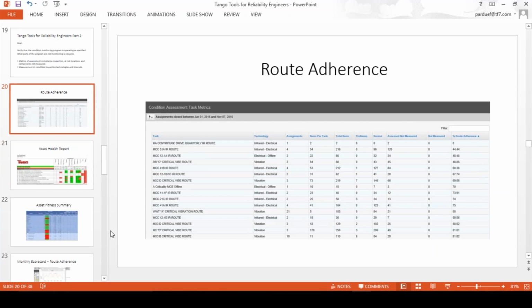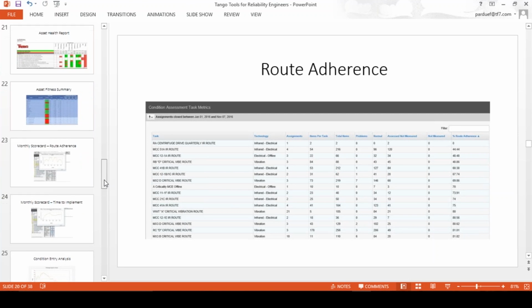This isn't a live report. If I were in that, I could roll down to see all the tasks that were 100% compliant and so forth. But anyway, this is telling me the routes, how often they've been run in that time frame, and what I accomplished with the point compliance.